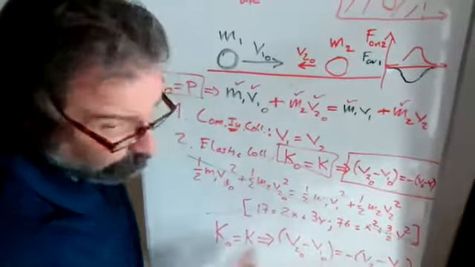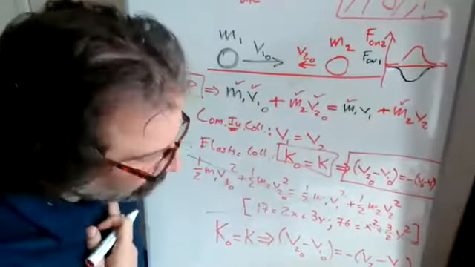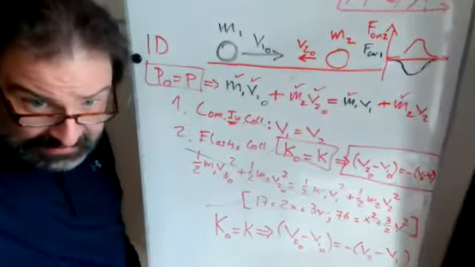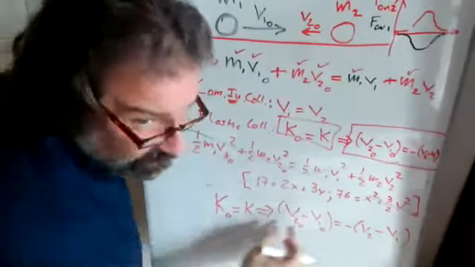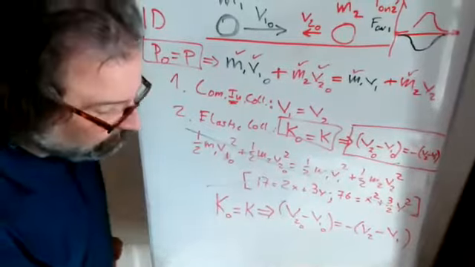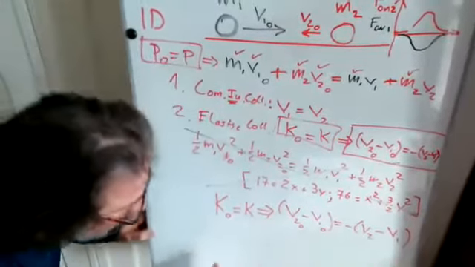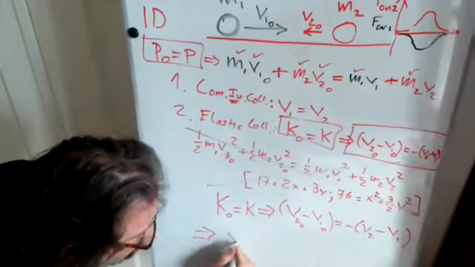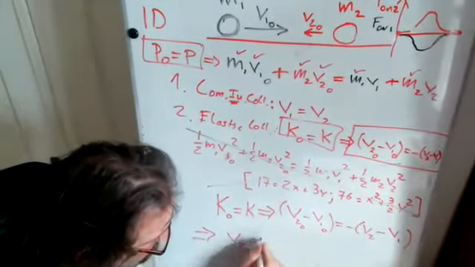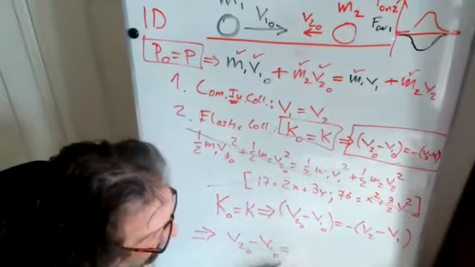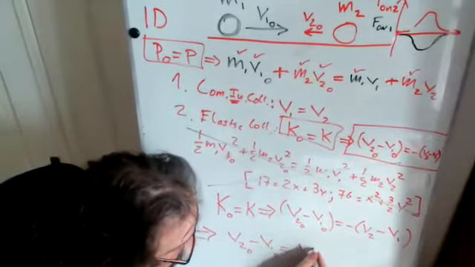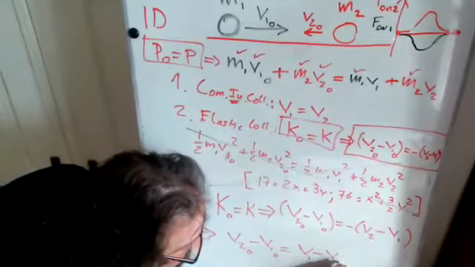Now, this is a way for me to remember this, because I remember it through the fact that the relative speed flips signs. However, of course, the minus sign will get distributed in here, and you can rewrite it as V20 minus V10 equals V1 minus V2.